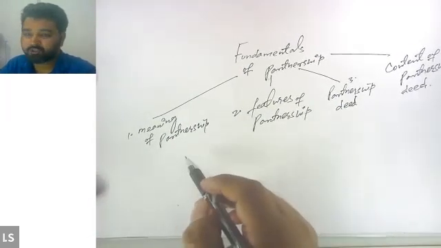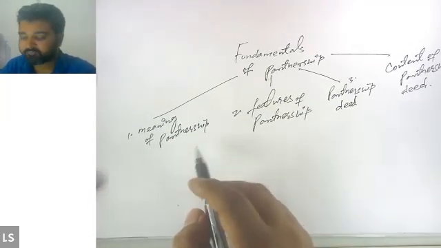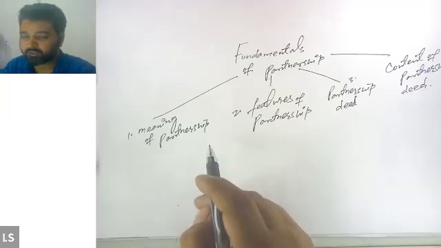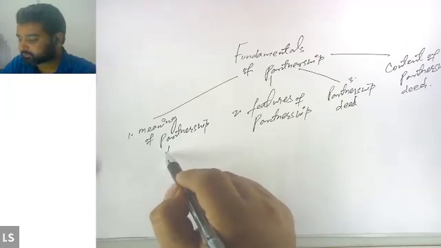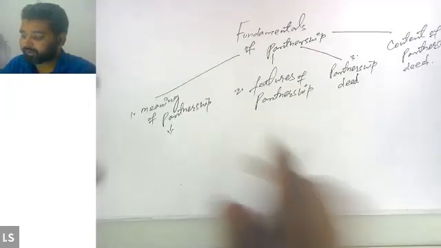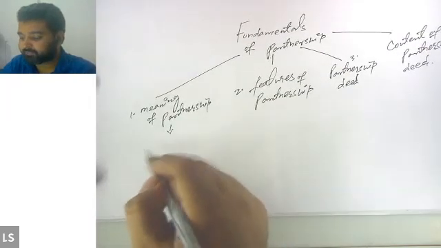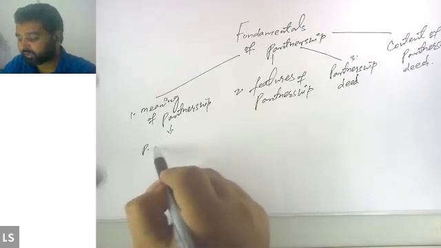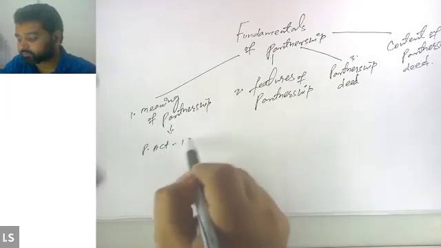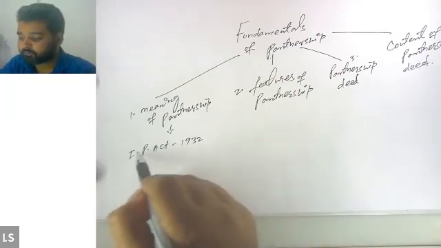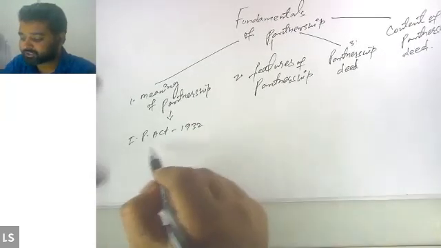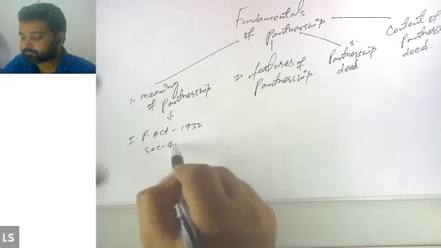Starting with the meaning of partnership, I'm very sure that both of you must be aware what partnership actually is, but still, I'll explain it. Partnership has been defined under the Partnership Act 1932. The Indian Partnership Act 1932 defines the partnership under Section 4.